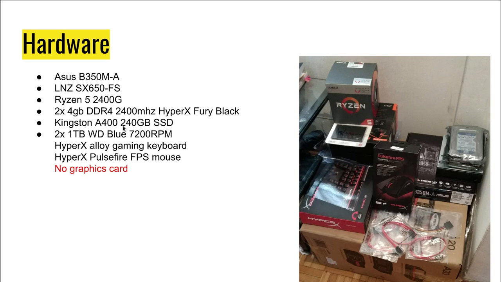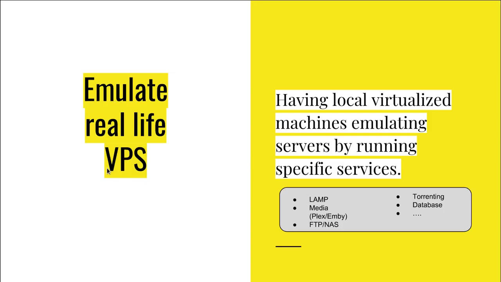I also have a 500 gigabyte disk that I'm not listing here because I found it after doing this, and I will be using that to install Windows separately. Then for keyboard and mouse, I went with an Alloy Gaming keyboard and a Pulsefire FPS mouse. The emulation of real life VPS.